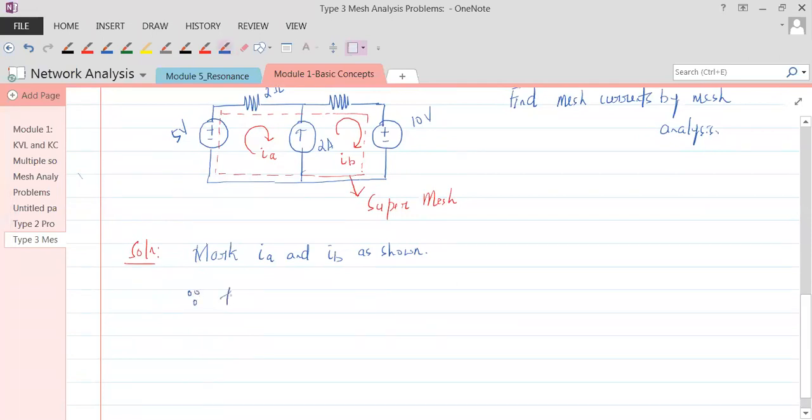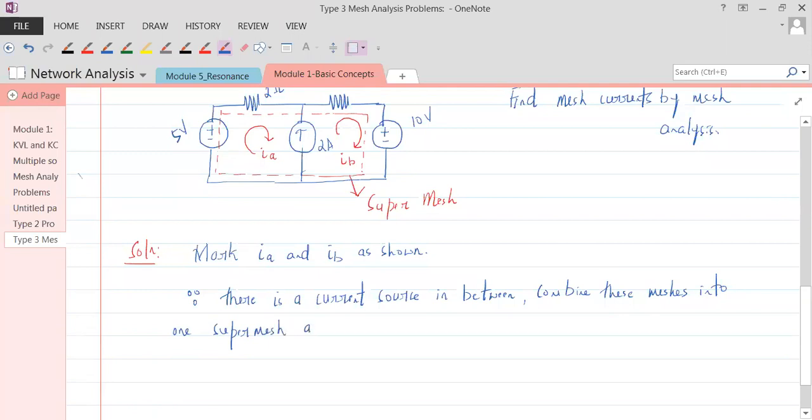Since there is a current source in between, combine these meshes into one super mesh as shown.